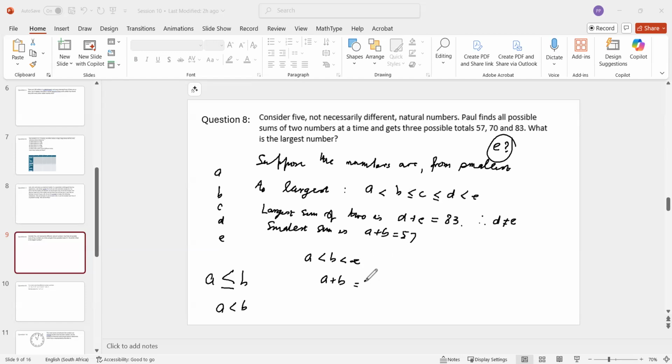We know that's 57. And now B plus E will have to be 70. So B plus E will have to be 70. See?